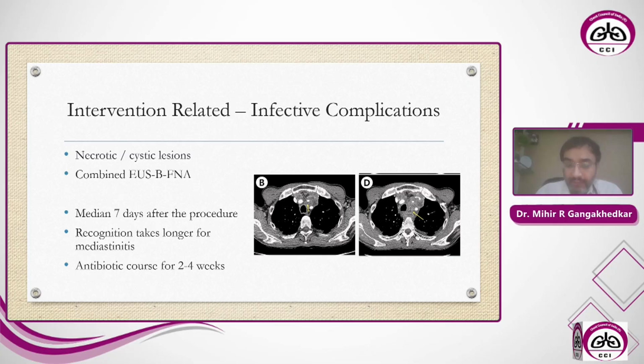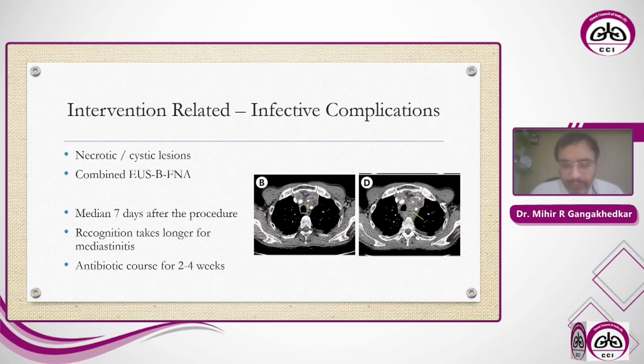But even in our group, we found that mediastinitis was something that was identified later. It took 9 days for identifying mediastinitis as against 4 to 5 days for coming to conclusive proof with a pneumonia. So nearly 100% longer time for mediastinitis identification. And the course of treatment obviously is a lot longer with more antibiotics.